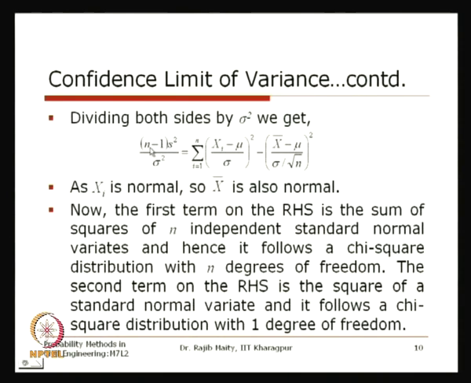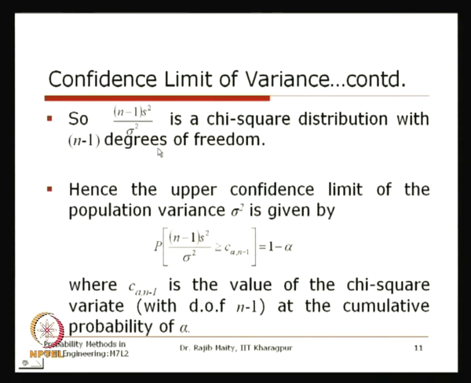That is why n minus 1 S square by sigma square, where S square is the sample estimate of the variance and sigma square is the population variance, is a chi-square distribution with n minus 1 degrees of freedom. This is what is written here. Once we know this distribution, whatever confidence limit we need, we can get from the chi-square distribution.